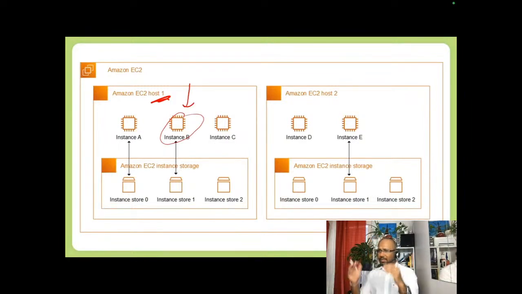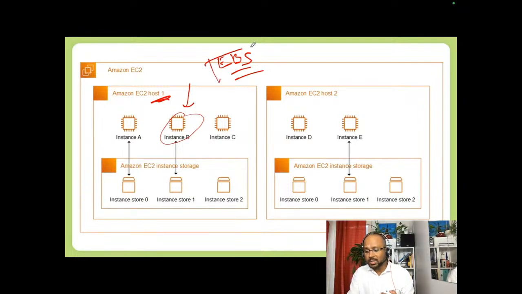Now when we launch an instance, there is a storage option, right? And this storage is EBS storage. If you have been following the previous videos, when we launch an EC2 instance, there is the storage, and that storage is EBS, Elastic Block Storage.